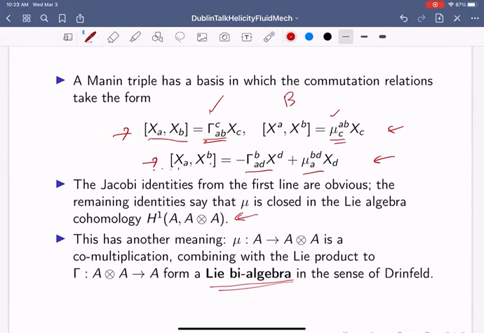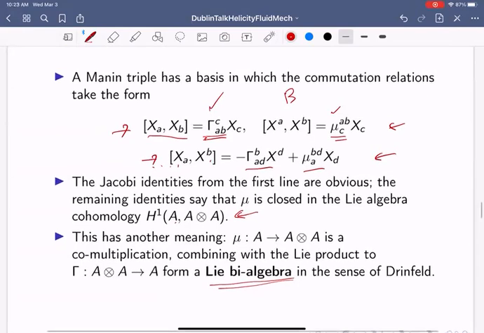So mu is a closed element in the cohomology of A valued in A tensor A. That may or may not mean something to you, but if you are conversant with Lie cohomology, I had to struggle to understand this, but I think I do finally understand it.